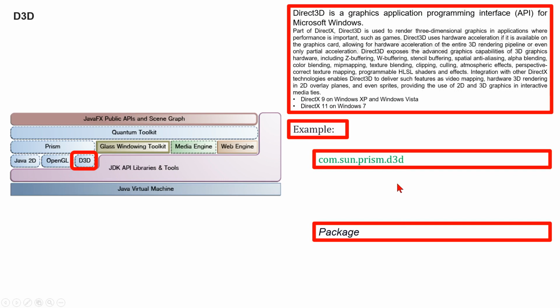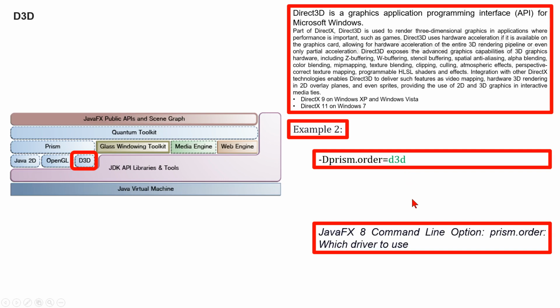As an example, we can consider this package com.sun.prism.d3d. As example 2, we can consider this JavaFX 8 command line option prism.order, which implies which driver to use. Here you can see D3D, Direct3D.